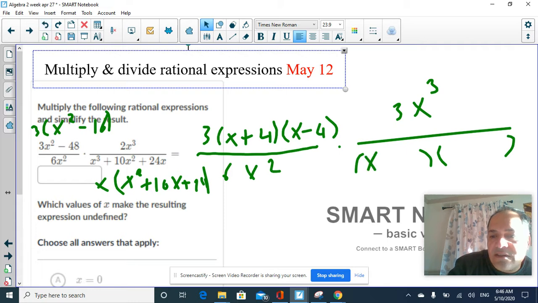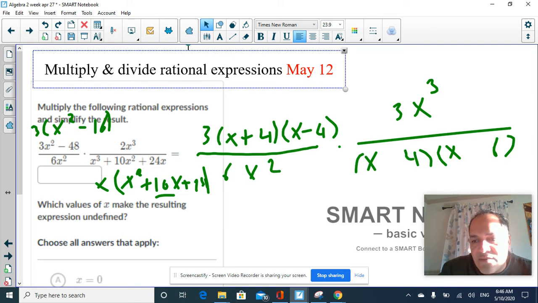What about the second part? 24 is what times what? Okay, 24 is 4 and 6. Why do you choose 4 and 6? Because their sum is 10. 3 and 8, their sum is not 10. So we are going to use 4 and 6, because their sum is 10.